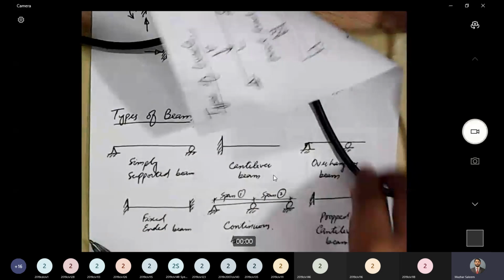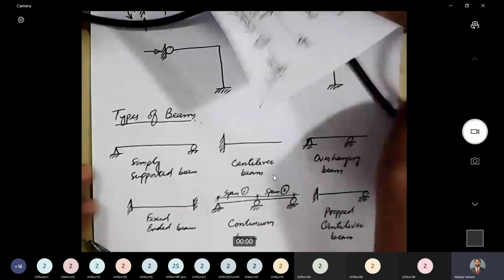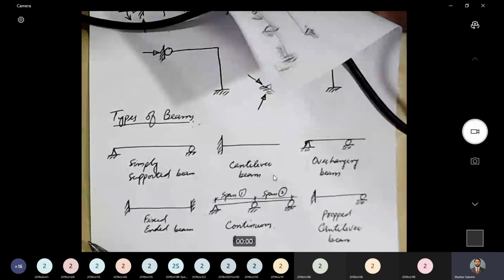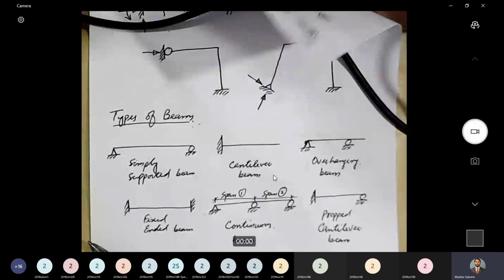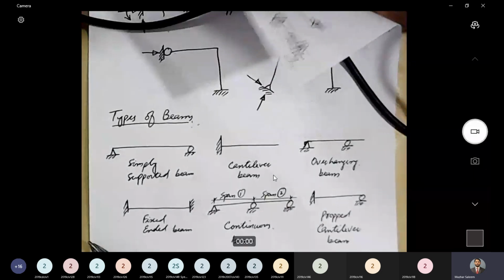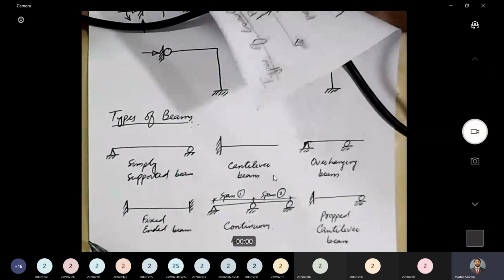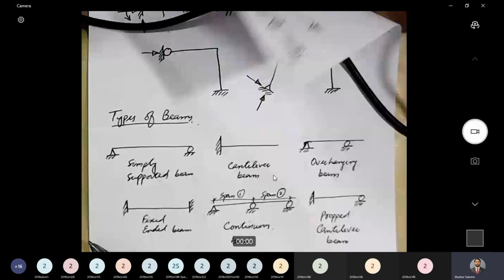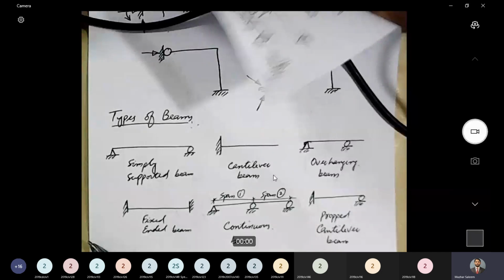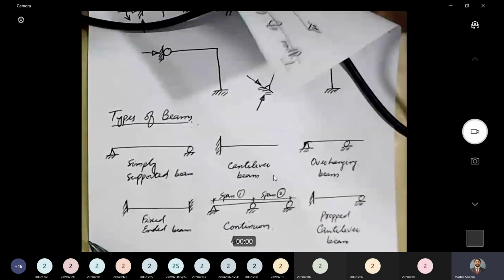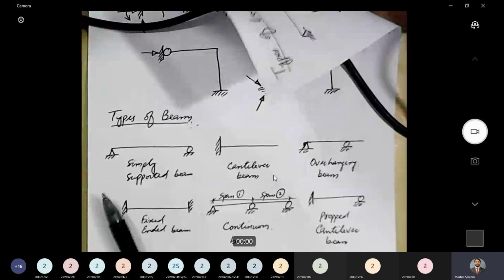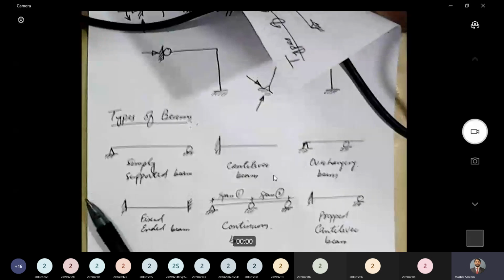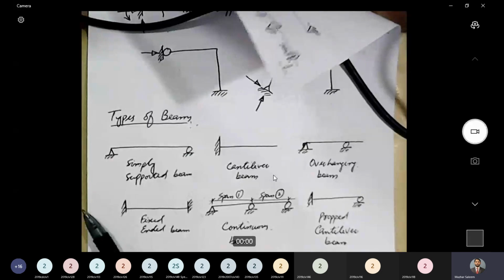Now, with the types of beams, there is another important concept, that's determinacy and indeterminacy. Have you guys ever heard about this concept? Determinacy or indeterminacy? Never? No, sir. We didn't have that. Oh, never heard that? Okay, that's a bit surprising. But anyways, let's talk about that.